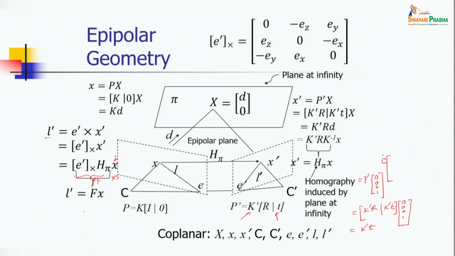So your stereo geometry is defined if I give you two projection matrices also. So this is a definition of F, and F has a special name in stereo geometry, which is called the fundamental matrix of the stereo geometry, because this characterizes stereo geometry.